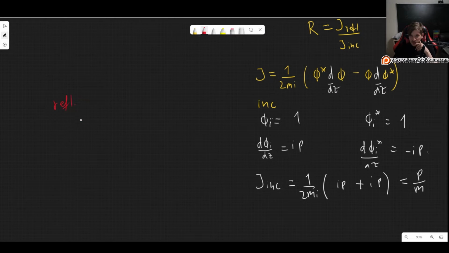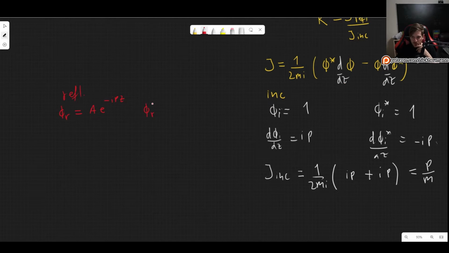So for the reflected case, our wave function is going to be a e to the minus i p z. Now the complex conjugate of the reflected wave will be the conjugate of this, so we get a conjugate e to the i p z, right?